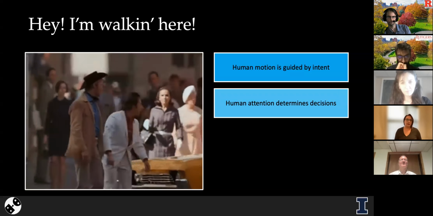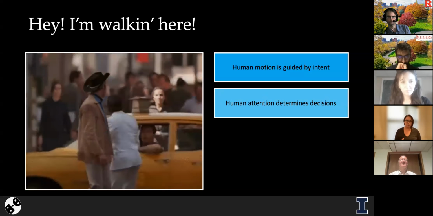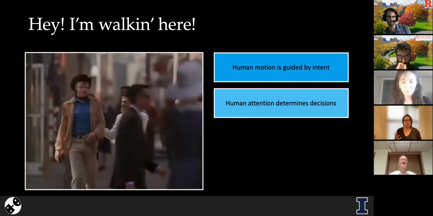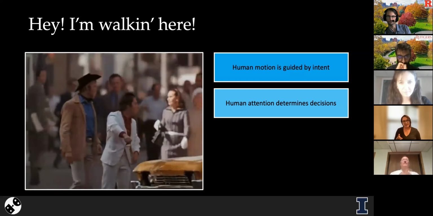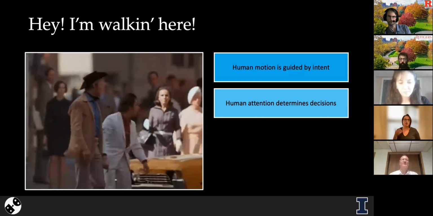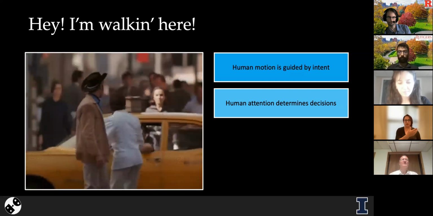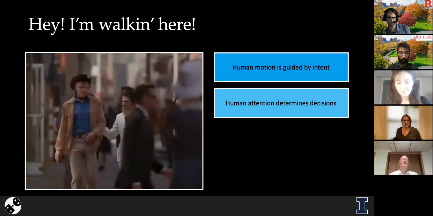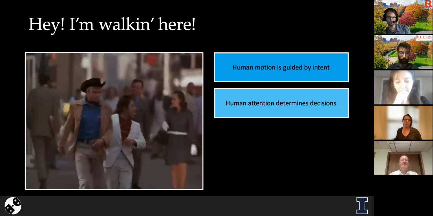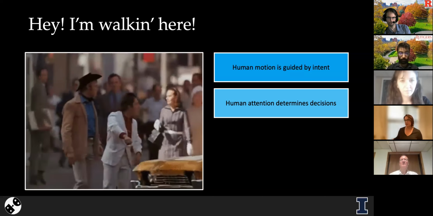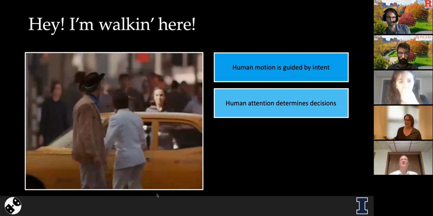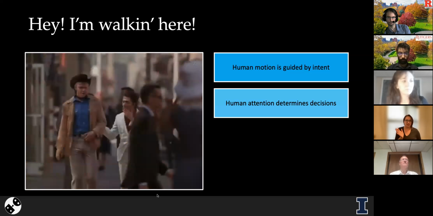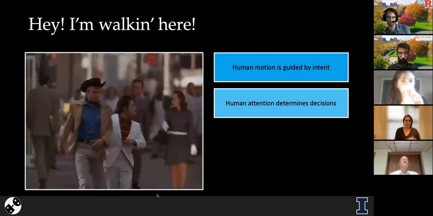The next thing is that attention becomes very important. Human attention basically determines how we're perceiving the world, and this directly impacts the downstream task of determining our decisions and then motions as well. So in this example, we see two types of attention where we see a failure. First, Dustin Hoffman is not checking both sides or checking the street before crossing the road.